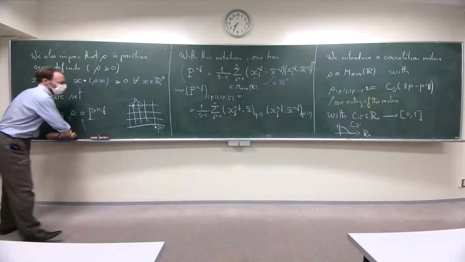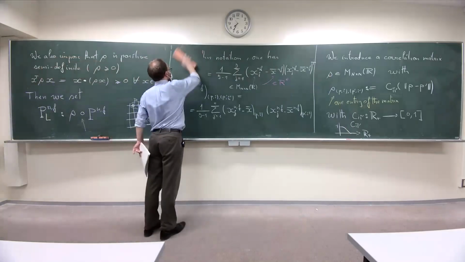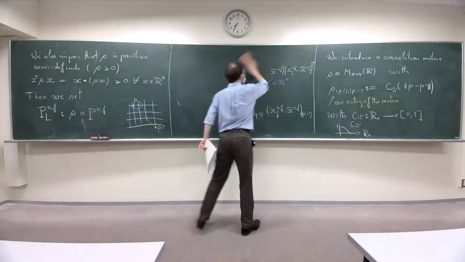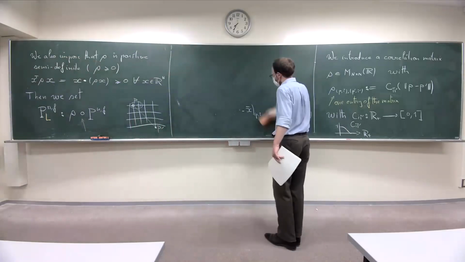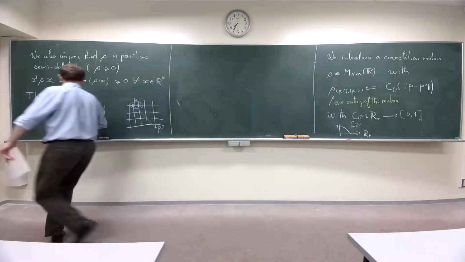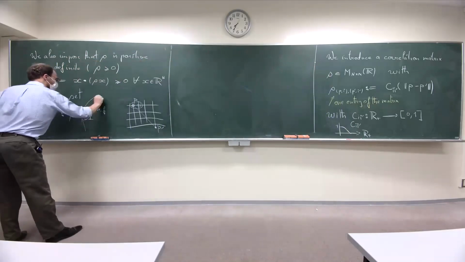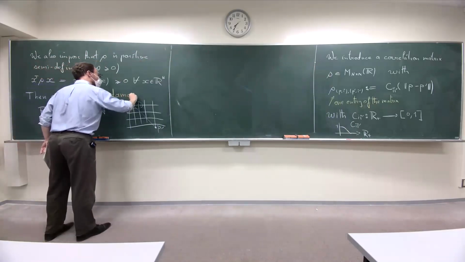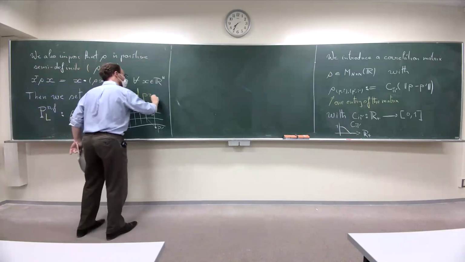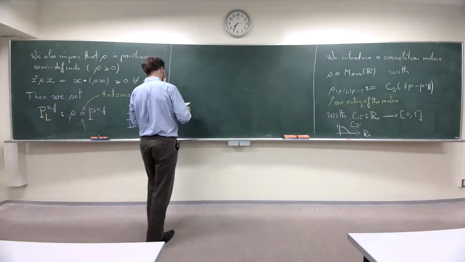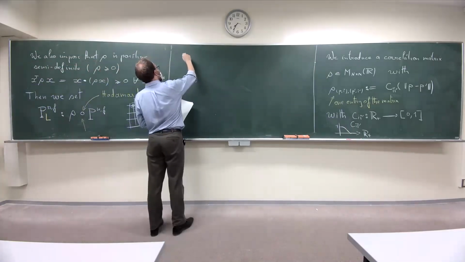So let me define it. When you have two matrices, usually you have a certain way to compute the product of two matrices, but you can also simply do the product pointwise. This is called the Hadamard product. So what is this Hadamard product?